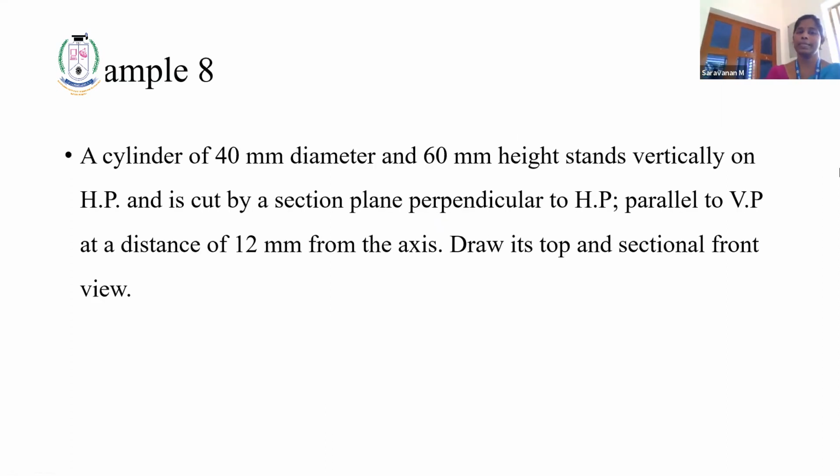The diameter of the cylinder is 40 mm. The height of the cylinder is 60 mm. The sectional plane is perpendicular to the horizontal plane and parallel to the vertical plane, at a distance of 12 mm from the axis.